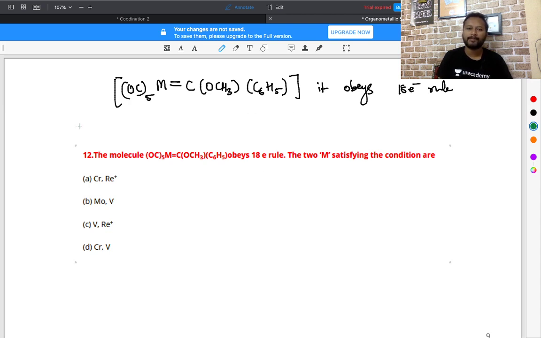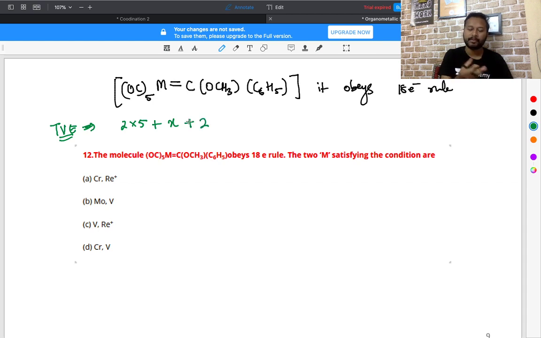So how will we do that? First of all, find out the total valence electrons. Since there are 5 carbonyl ligands, 2 into 5. Metal we don't know, so let's take it as X. Since it is forming a double bond with this C, it will give you 2 electrons.